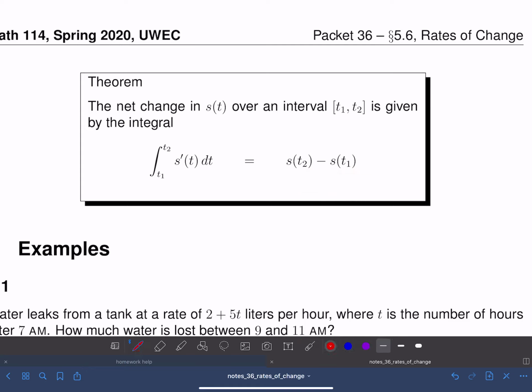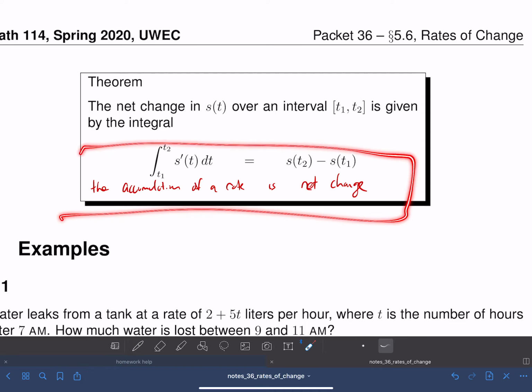In other words, in plain English, the accumulation of a rate is net change. And if you were to take one major lesson out of this entire class, not a practical computational thing, but one lesson, I think it's this.